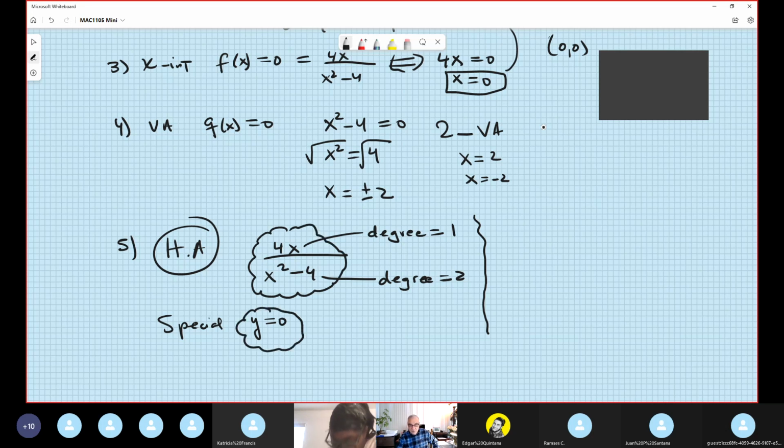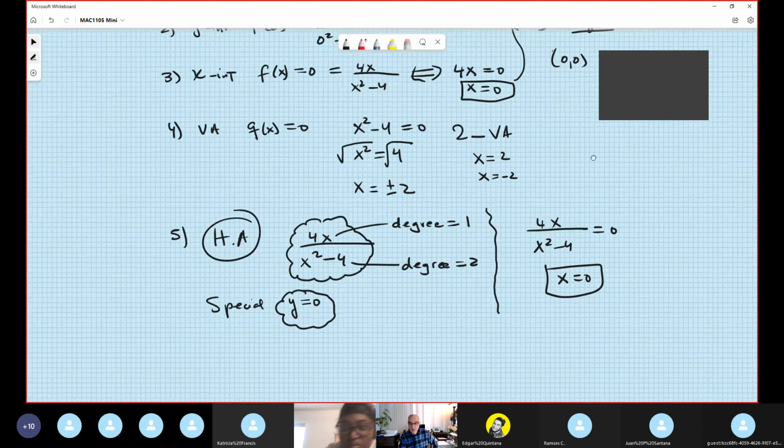It's easy. You force the equation 4x over x squared minus 4 equal to 0. And this is exactly the same as I did before, because x equals 0 when I computed the famous x-intercept.